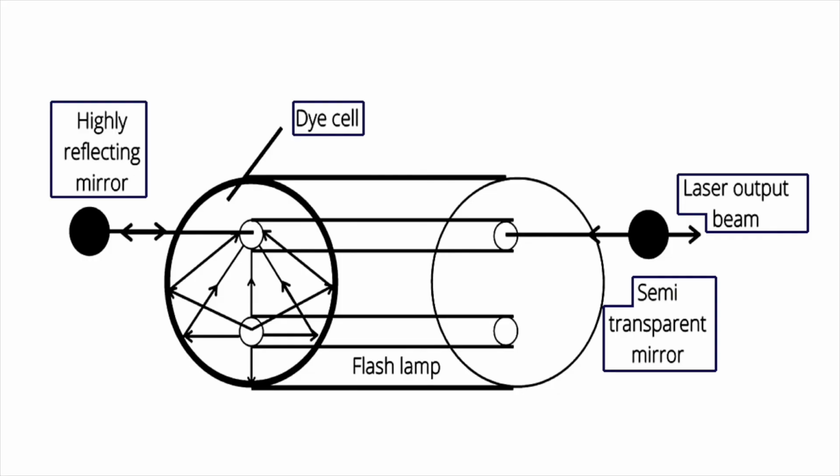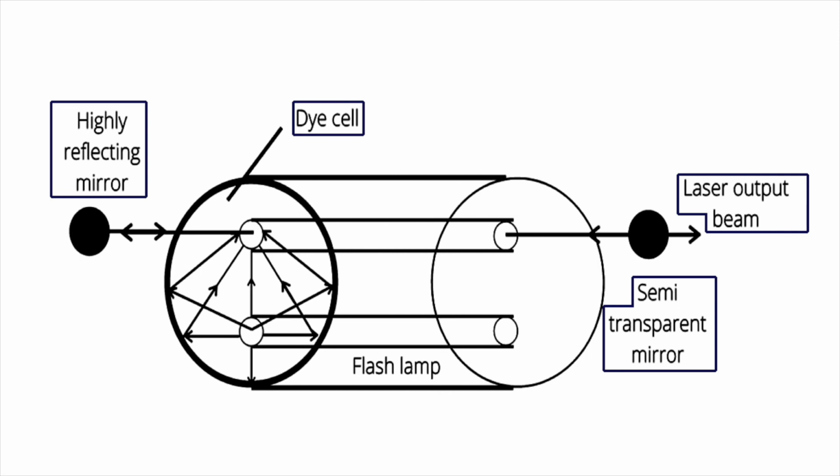What is furthermore fascinating about dye solution is that they have a broad absorption and emission band. I have shown you that. On the right hand side you have the absorption profile and the emission profile; both are very broad, of the order of 30 to 40 nanometers.